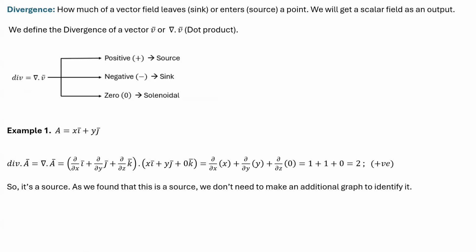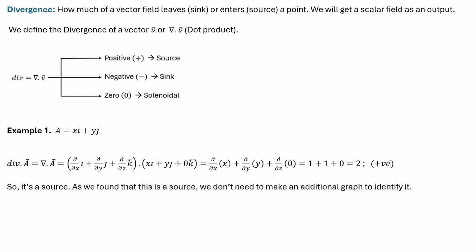Now, at the very first of this video, I told you about those graphs, right? You have to consider 4 points and then plot them into a graph, and you need to check whether it can be a source or sink or solenoidal or what. We even understood their circulation process, like clockwise or anti-clockwise.